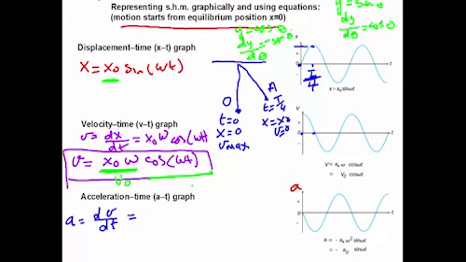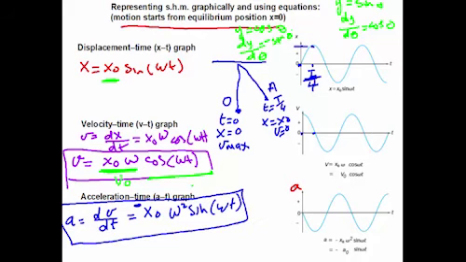So we get x naught omega sine omega t with a minus sign, and the derivative of omega t is omega, so we get omega square. This is very important to know.